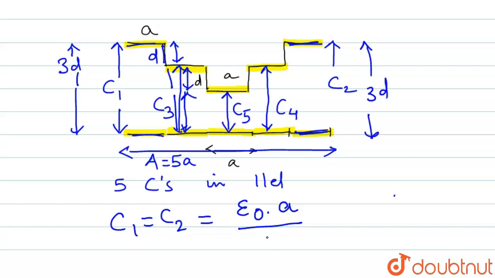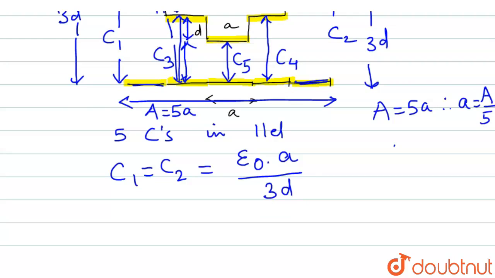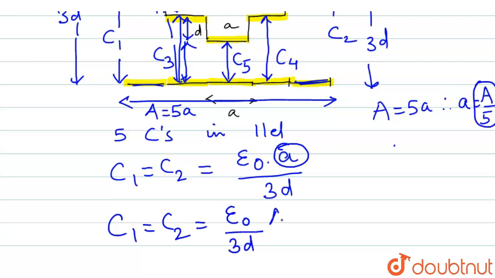Therefore we are taking it here as 3d. Now as capital A is equal to 5a, therefore small a is equal to capital A divided by 5. Hence, we may take the final expressions for C1 and C2 as C1 equal to C2 equal to epsilon 0 divided by 3d, and in place of small a we can take capital A by 5, which is given in the question. This is equation number 1.